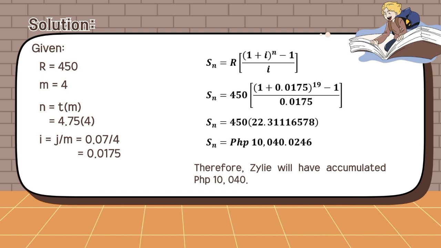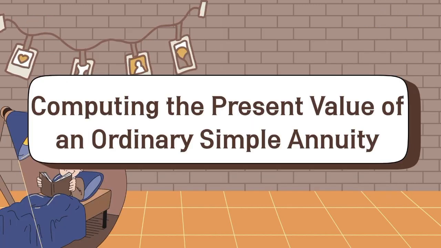And we multiply it by 450 pesos, we get 10,040 pesos. Therefore, Xylee will have accumulated 10,040 pesos.